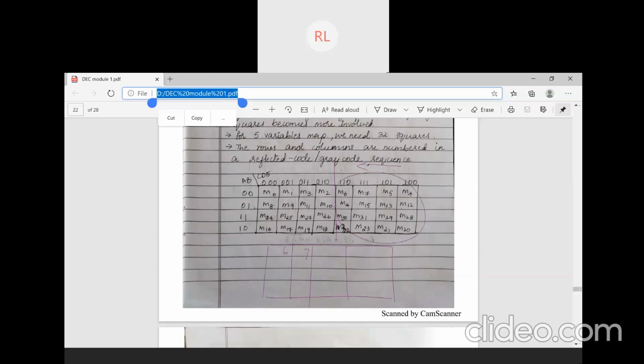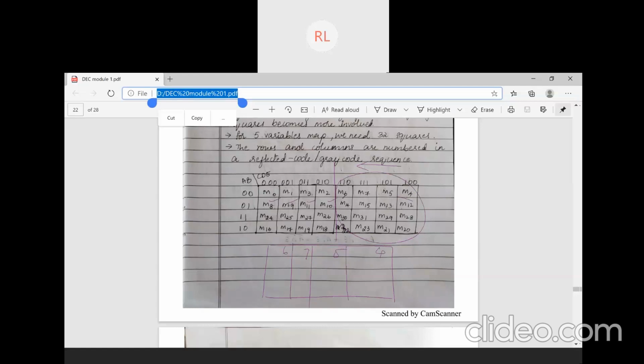So it's going to be 4, 5, 6, 7 in mirrored order. Similarly, I start with 8, 9, 10, 11. Once I get that, since this is folded, you will be starting from here: 12, 13, 14, 15.